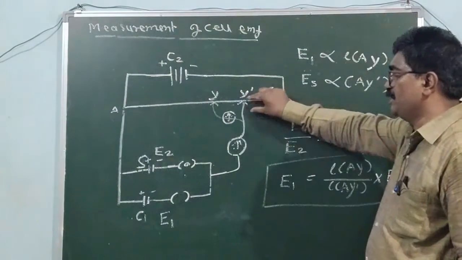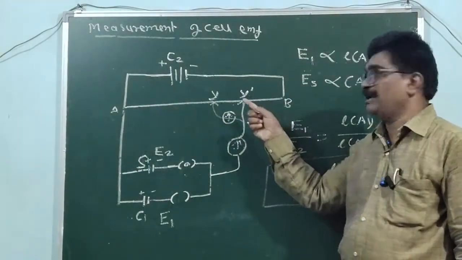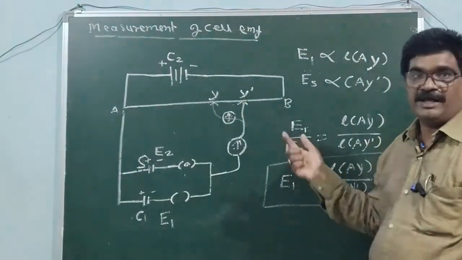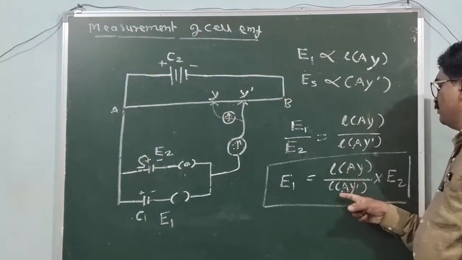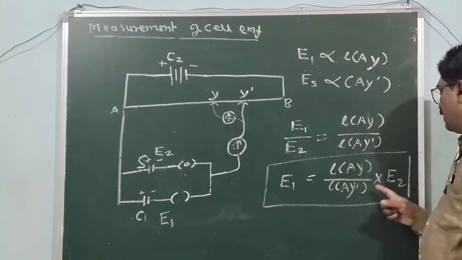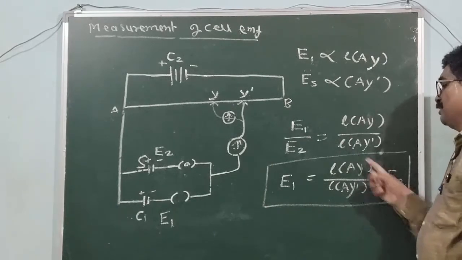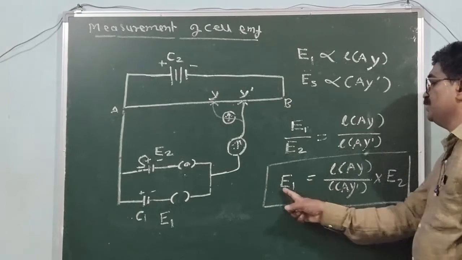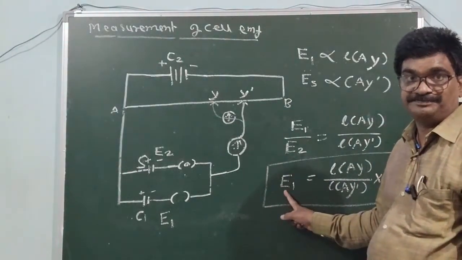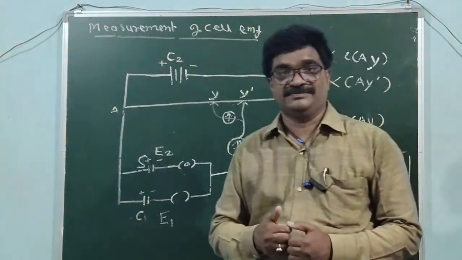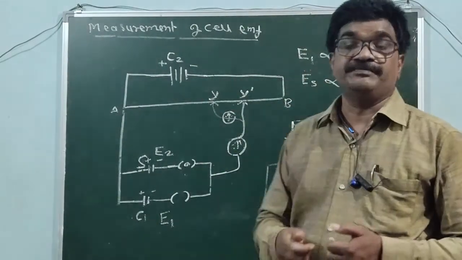In the potentiometer, there is a scale below the nichrome wire, and with the help of that scale you can determine the lengths AY and AY prime. So we know the length AY prime, and we also know the EMF of the standard cell. Then by doing this calculation you can calculate the EMF of the cell. So it's a very simple method that we use, and the arrangement is called the potentiometer method.